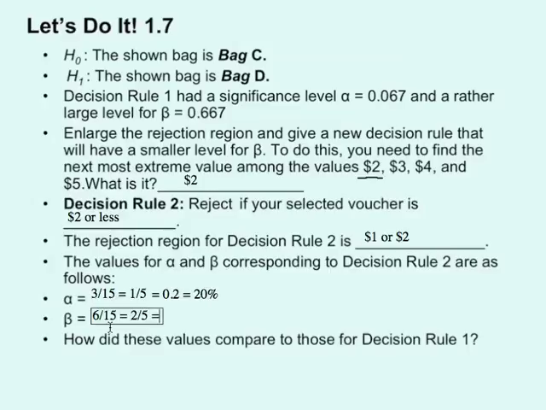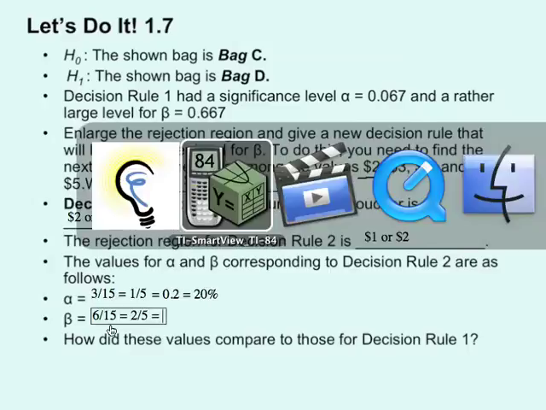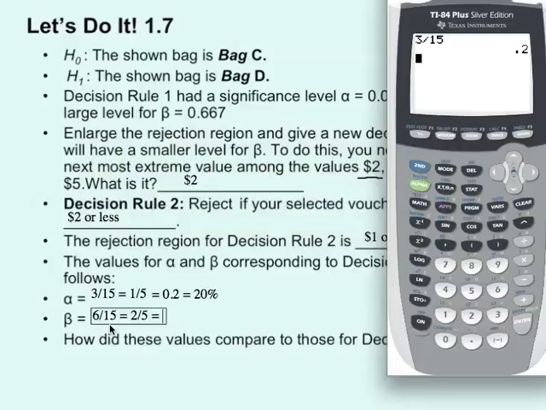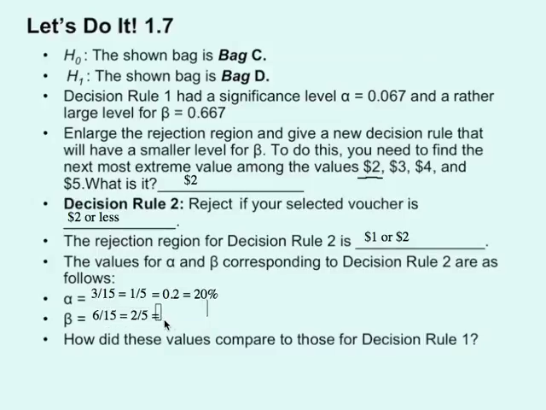Which is equal to, if you want to check it on the calculator, 6 divided by 15, and we come out with 0.4. Hopefully you could have done that without the calculator, but let's just show off the calculator anyway.